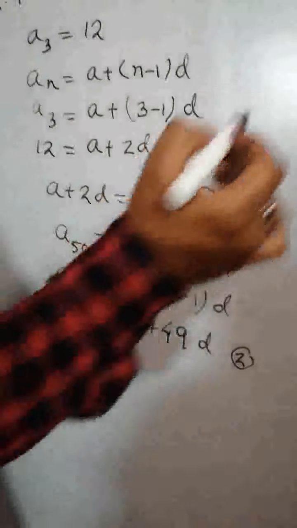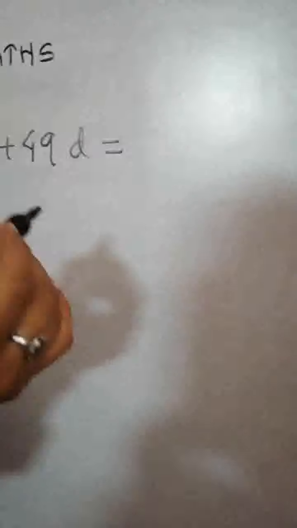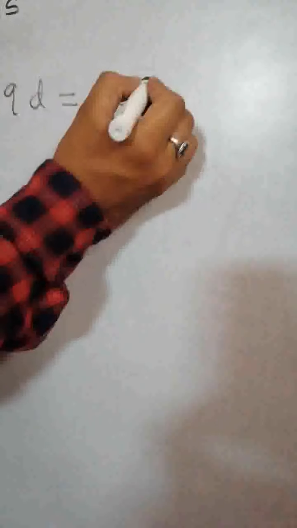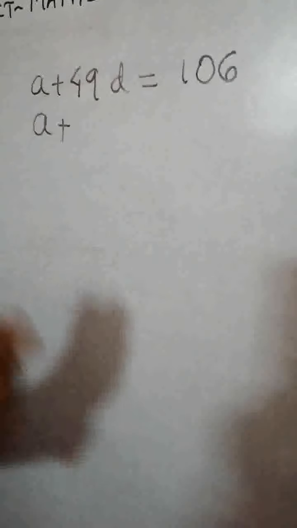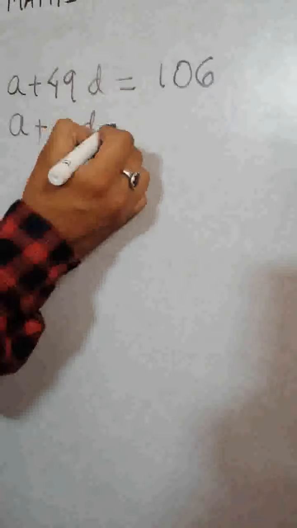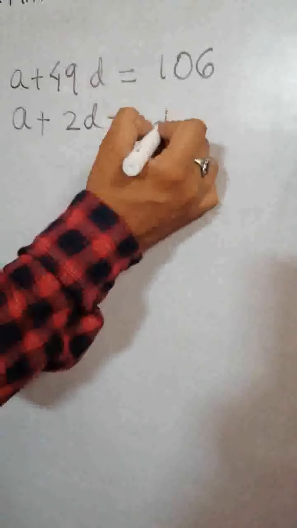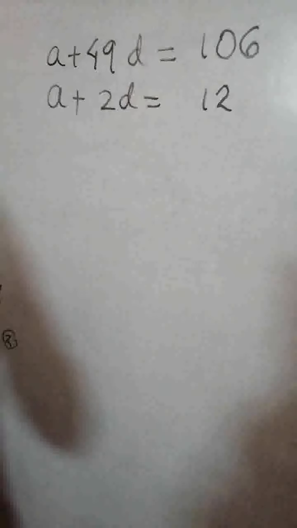Now we got equation first and second, and we will solve these equations. We have a plus 49d equal to 106 and a plus 2d equal to 12. Now we will subtract the equations.